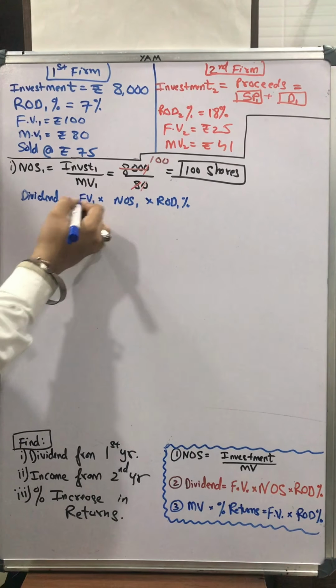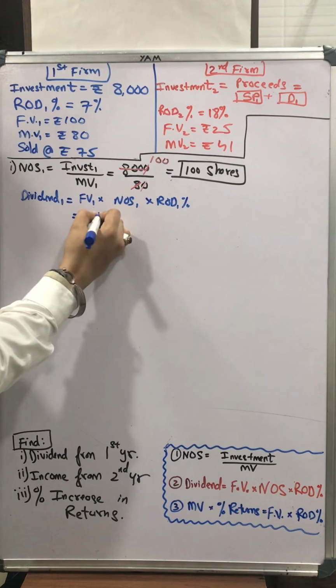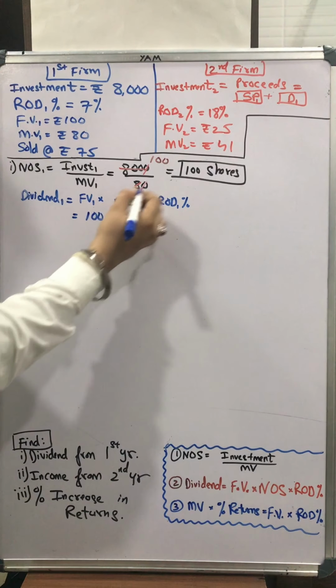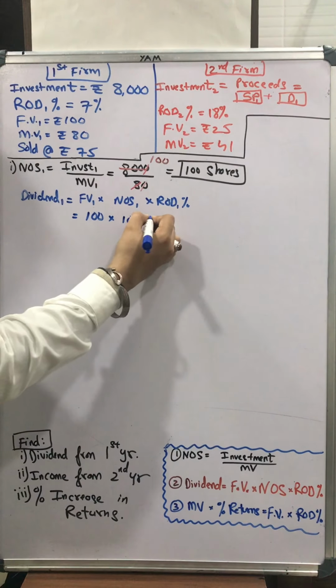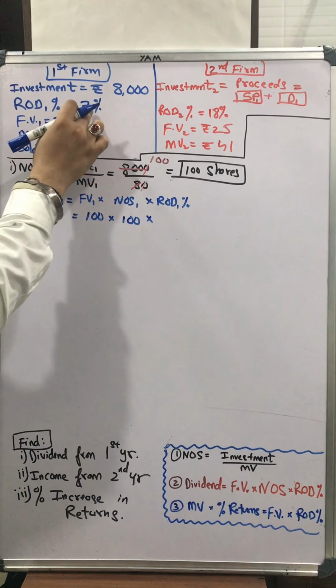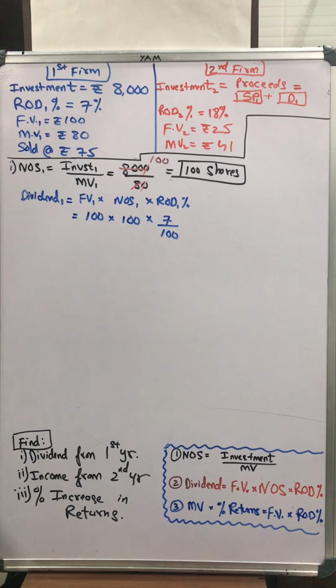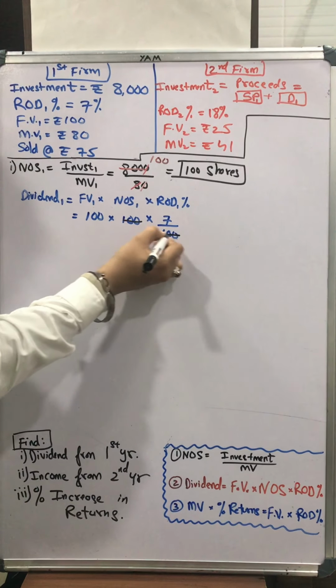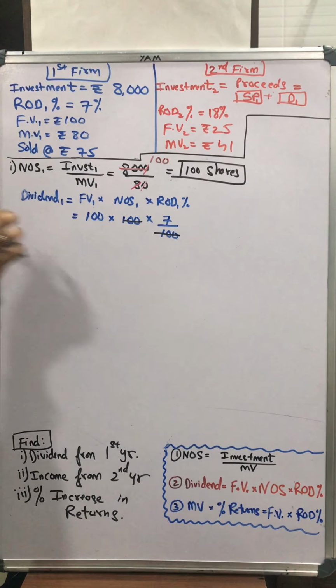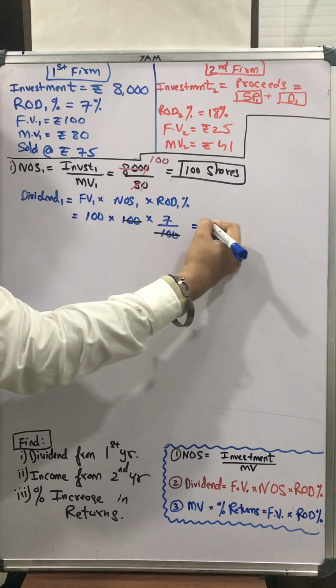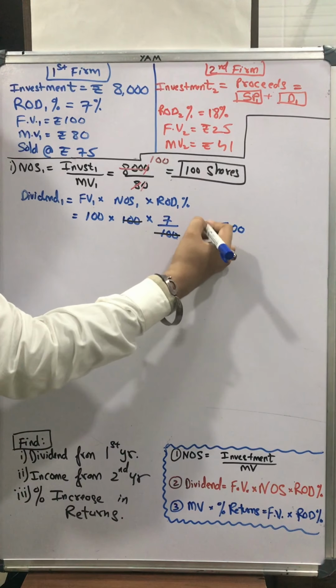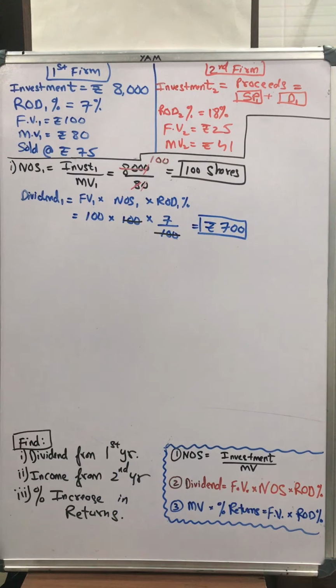What is the face value of the first firm? It's rupees 100. Multiplied by number of shares of the first firm, it's also 100. Rate of dividend of the first firm, it's given as 7%. 7 upon 100 because it's a percentage. Now 2 zeros go off. So now we are left with 100 multiplied by 7, which is rupees 700. So students, we got the first answer.